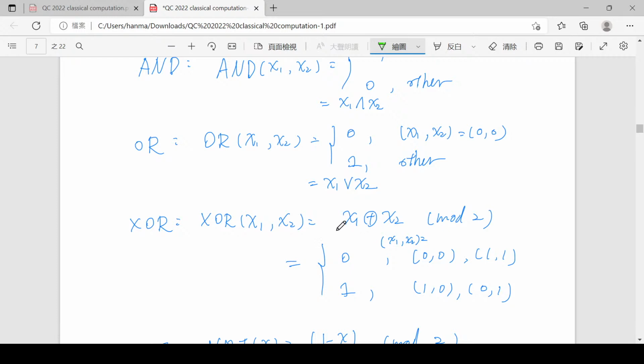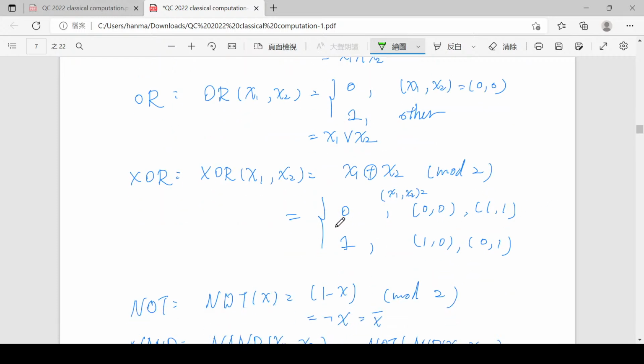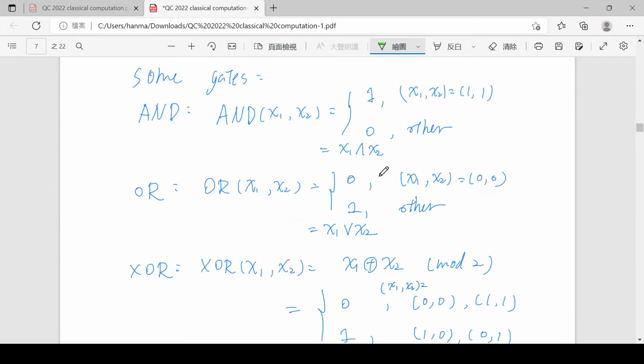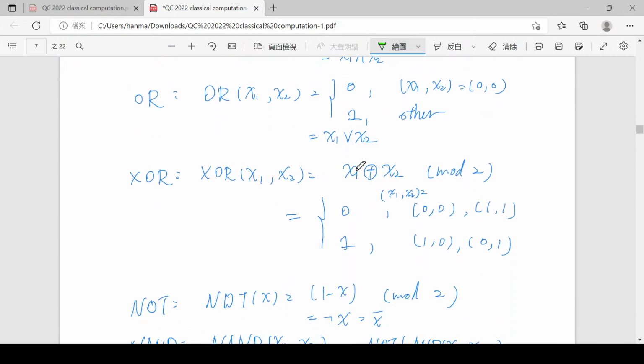The mathematical notation will be written like this: x1, and this is XOR, and x2. And this is basically the addition of x1 and x2 mod 2. So another way to say this is you do binary addition of x1 and x2 and just look at the last bit.